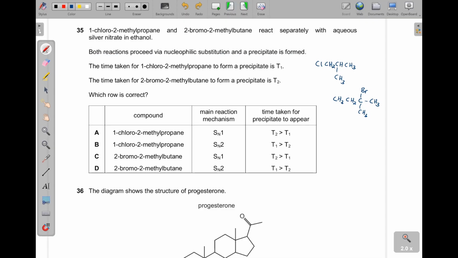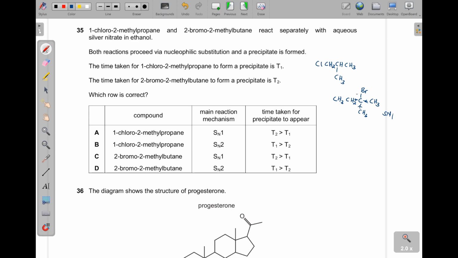Now, when you look at this one here, there are 3 alkyl groups. There is this one here, there is this one here, and they have a greater positive inductive effect. And also this one here. So since this one is a tertiary halogenoalkane, it will proceed via SN1, where one species is responsible for the start of the reaction in what we call the slowest step, the slow step.